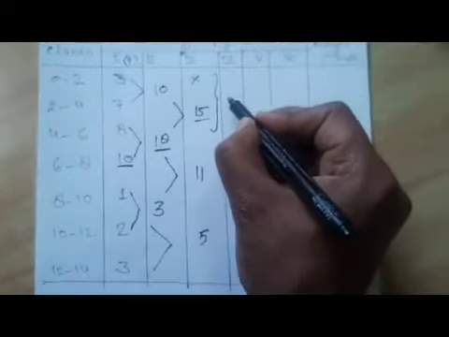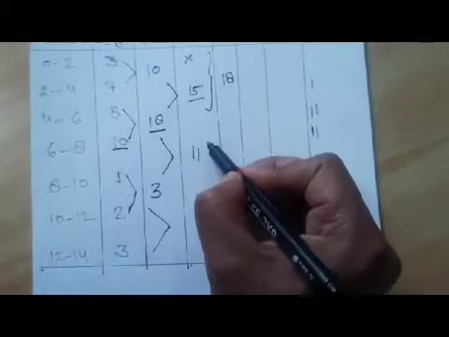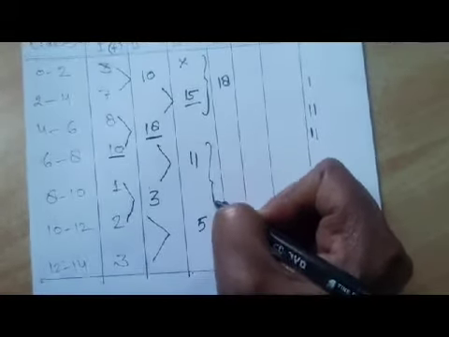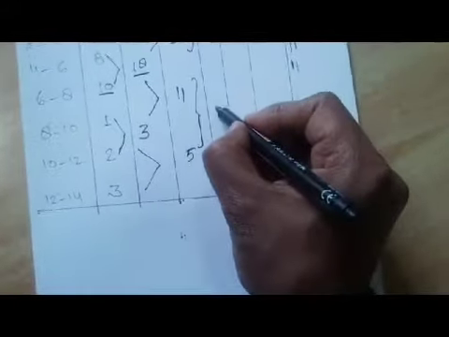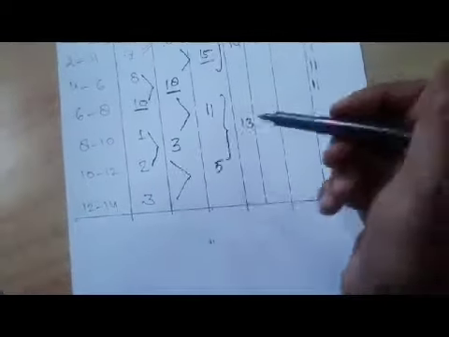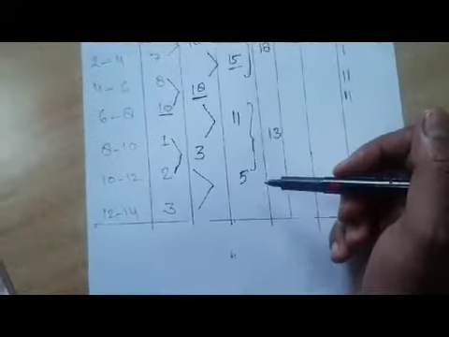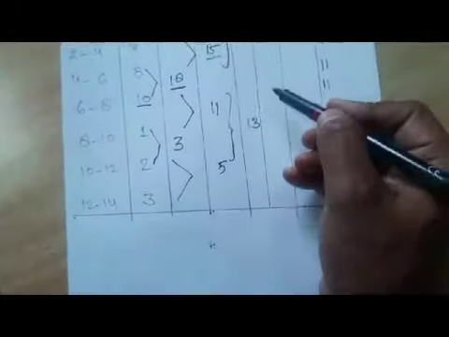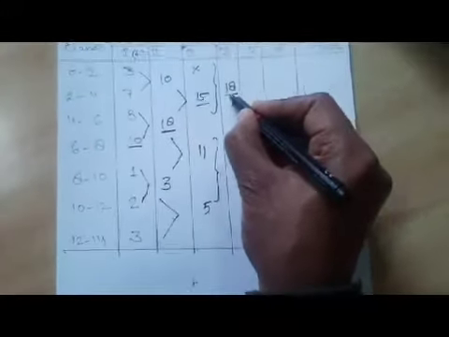So here 3, 7, 8 means 18, we write in the middle. Then 10, 1 and 2. 10, 1 and 2 gives you 13, we write in the middle. So here we find that 18 and 13 are the total values for grouping into threes for column 4. So 18 is the highest value we find here.